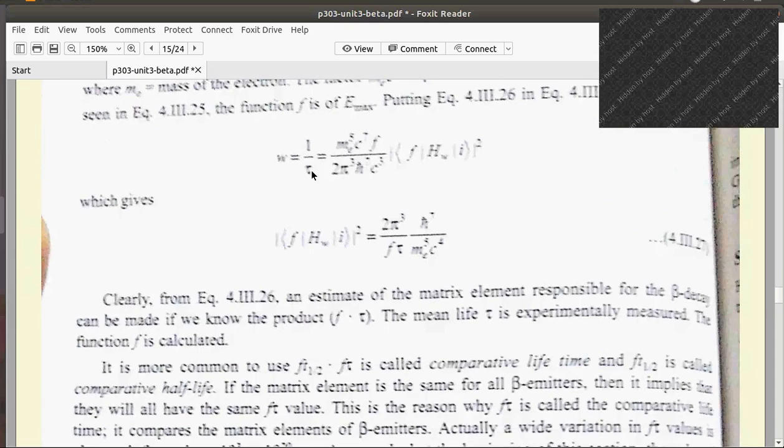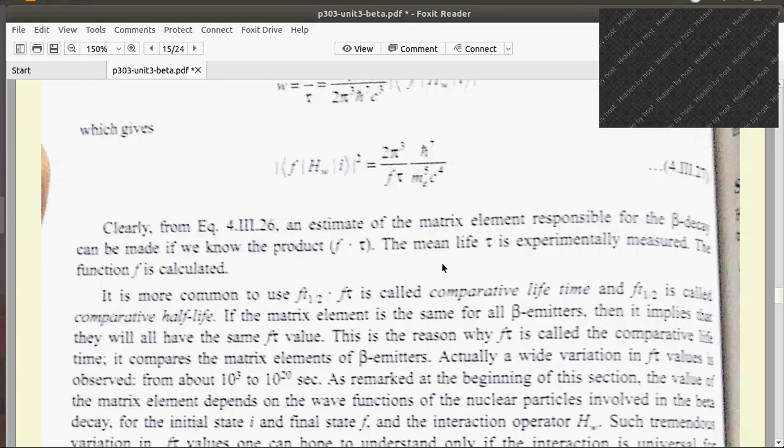So W is equal to 1 by tau, which is equal to m_e^5 c^7 f over 2 pi cubed h-bar raised to 7, times |H_wI| whole squared. Or you can write that |H_wI| squared is equal to 2 pi cubed h-bar raised to 7 over f tau m_e^5 c^4.